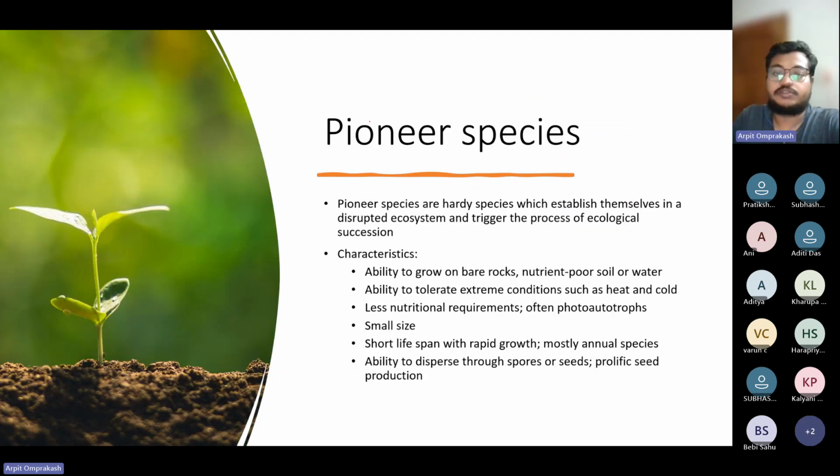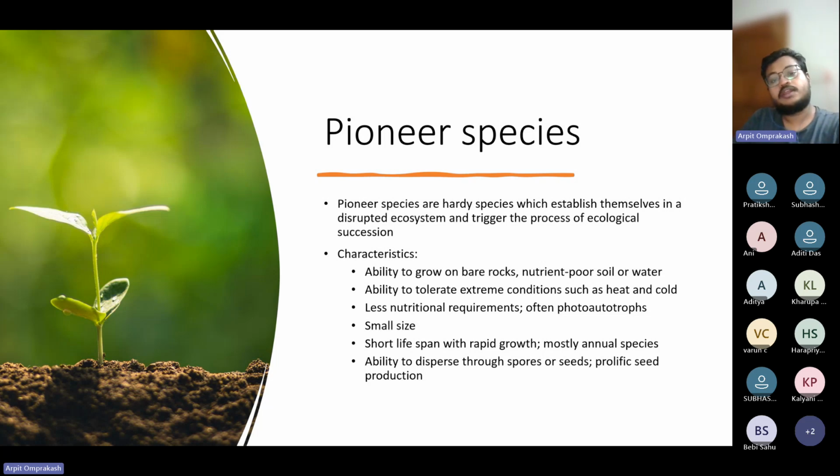As I was saying before, pioneer species are hardy species which establish themselves in a disrupted ecosystem and trigger the process of ecological succession. So they are the first forms of living organisms in that ecosystem after the disruption. They have certain characteristics.